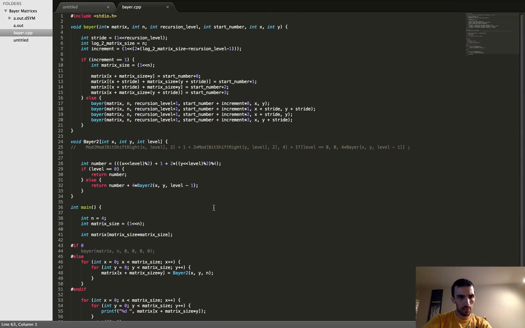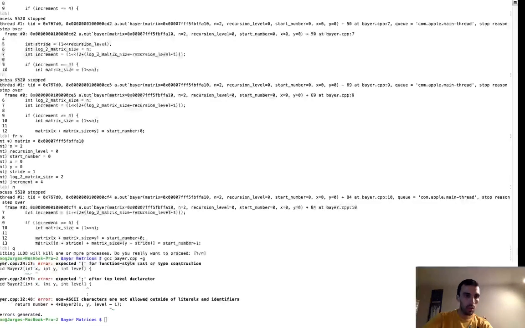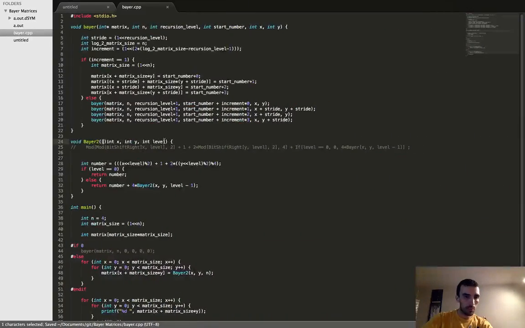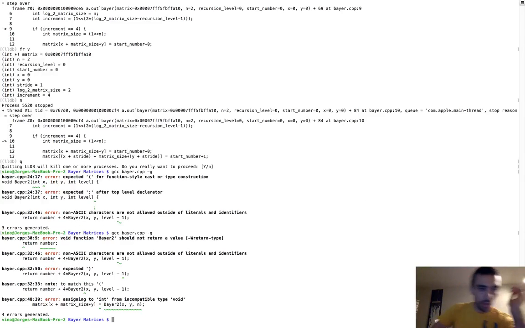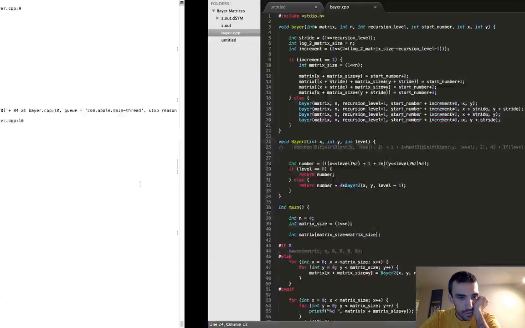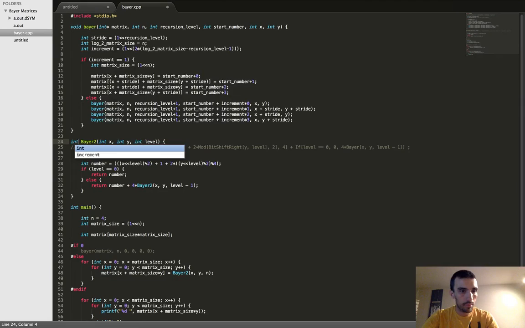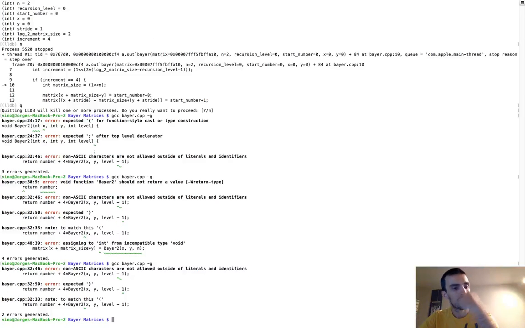What did I do wrong here? Oh. Parentheses. Nope. Bayer 2 should not return a value. Oh, yes, it should. ASCII characters are not allowed outside literals and identifiers.